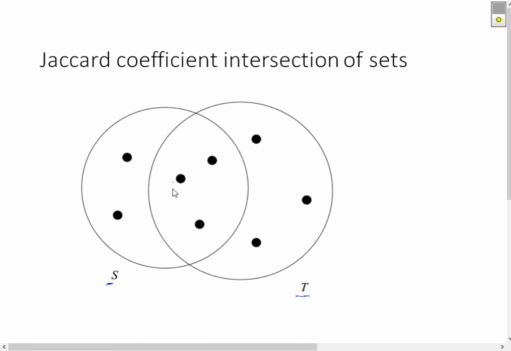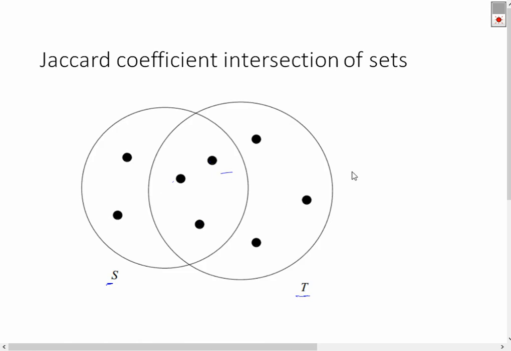So one of the things that I can do as a measure of similarity, or to tell how similar these things are, is to look at the ratio of the intersection to the union. So the total number of dots in here is 1, 2, 3, 4, 5, 6, 7, there's 8 total dots within these documents.